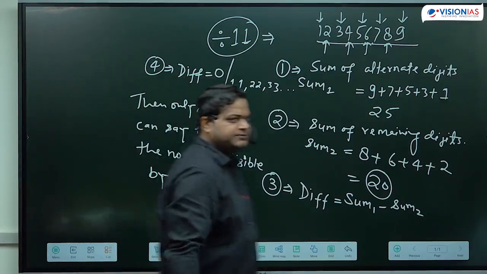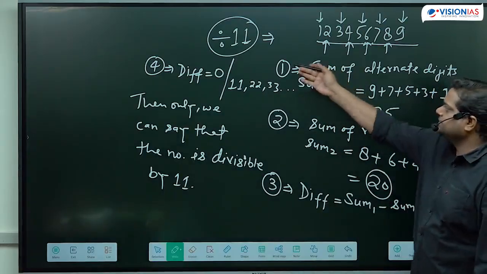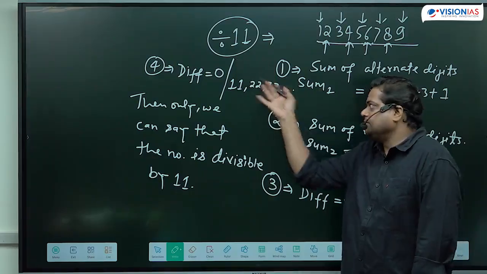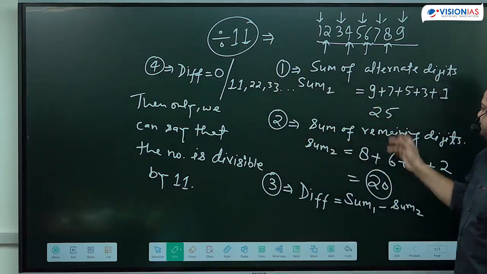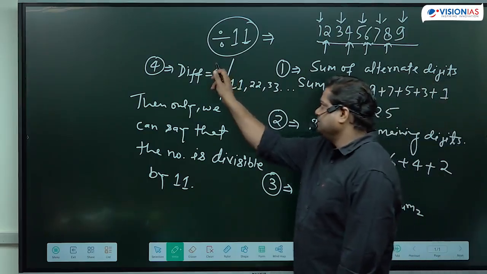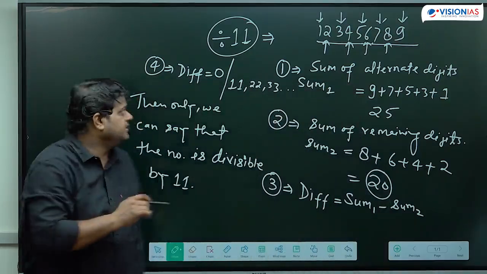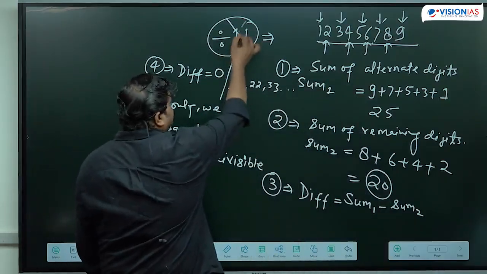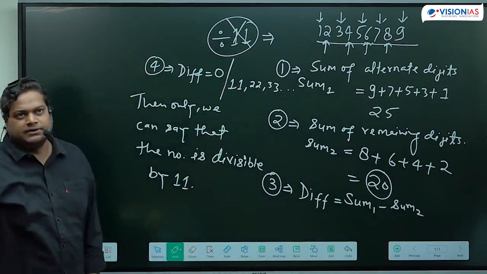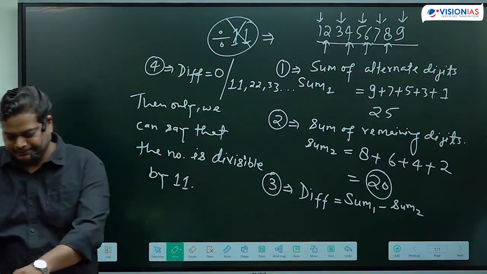So 3-4 steps we need to do, then only we can get the answer of this question ki this number is divisible by 11 or not. What is happening here? 25 minus 20. What we are getting? 5. 5 is neither 0 nor multiple of 11. That means this number is not divisible by 11. So this way we can proceed for 11 का divisibility rule. Correct?